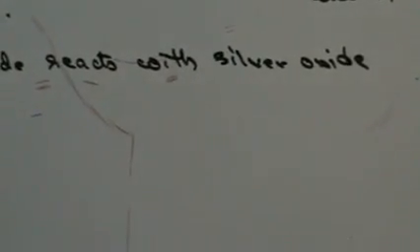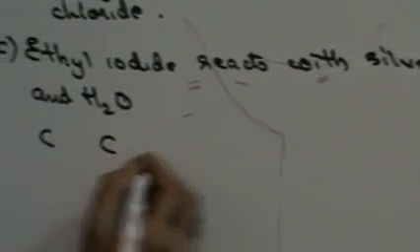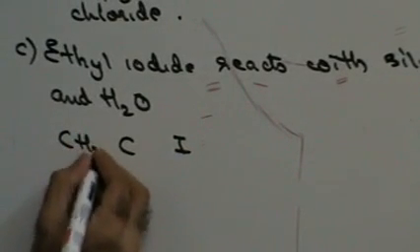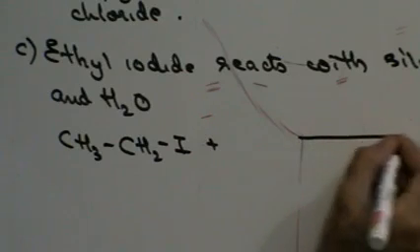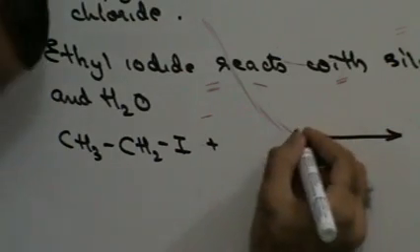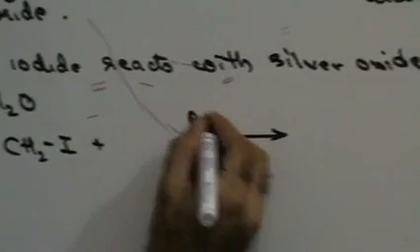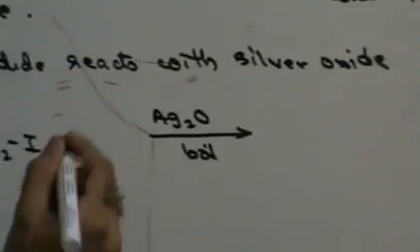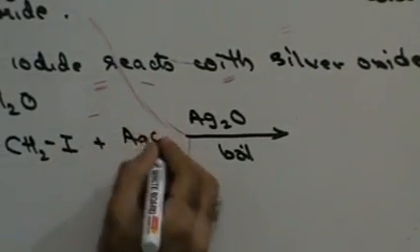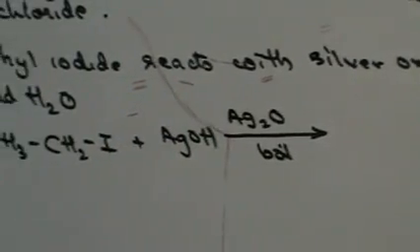Right? Ethyl iodide, ethyl, 2 carbon atoms, iodide, I, CH3CH2I reacts with silver oxide and water. Boil this solution. If I boil this solution, this will give me silver hydroxide. Right?